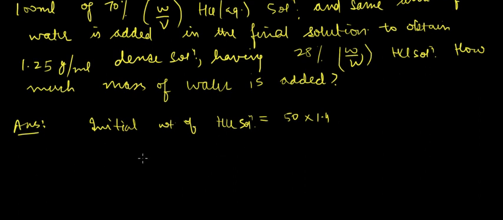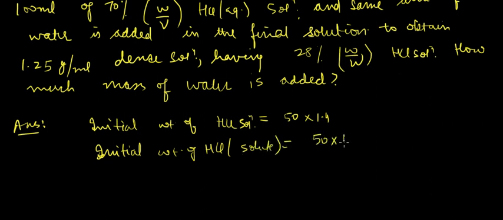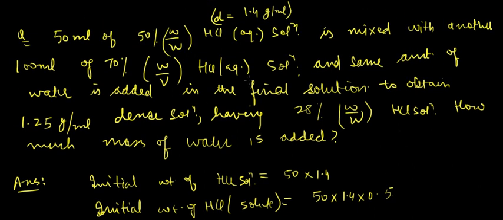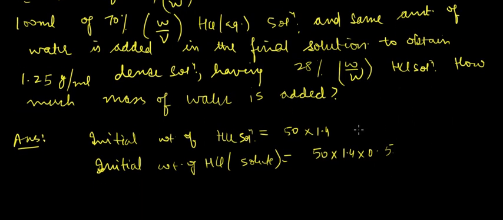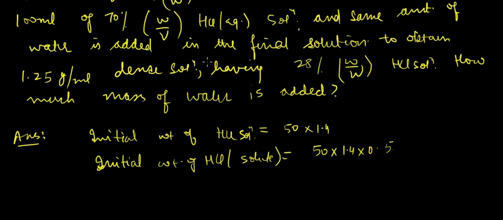Okay, and the initial weight of HCl solute would be 50 into 1.4 into 0.5, as it is a 50% W/W aqueous solution. It is now mixed with another 100 ml of W/V HCl solution.